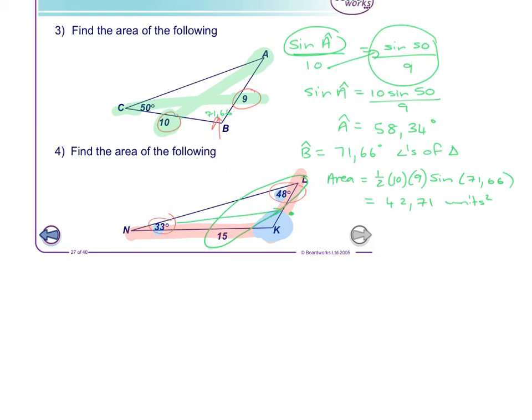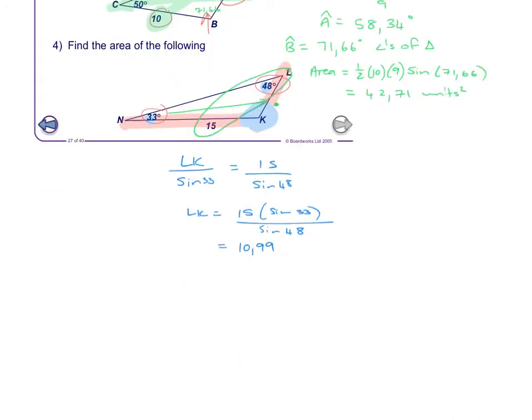So let's start with using the sine rule because I've got a complete pair. So I'm looking for LK across from its angle, and I've got 15 and then across from its angle. So LK is going to be 15 times sine 33 over sine 48. Pop it in your calculator and LK equals 10.99 units. So now we have this situation where I've got 15, I've got 10.99, so I just need angle K to have side, included angle, side.